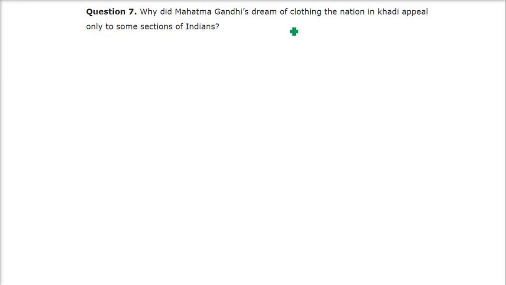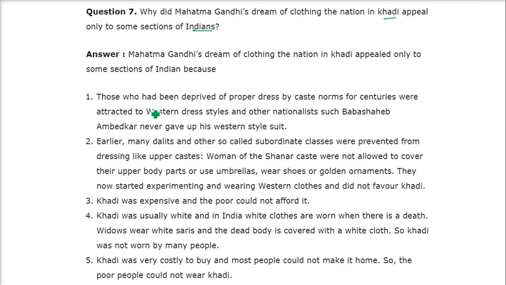Why did Mahatma Gandhi's dream of clothing the nation in khadi appeal only to some sections of Indians, not all? India is a diverse country. Mahatma Gandhi's dream of clothing the nation in khadi appealed only to some sections of Indians.